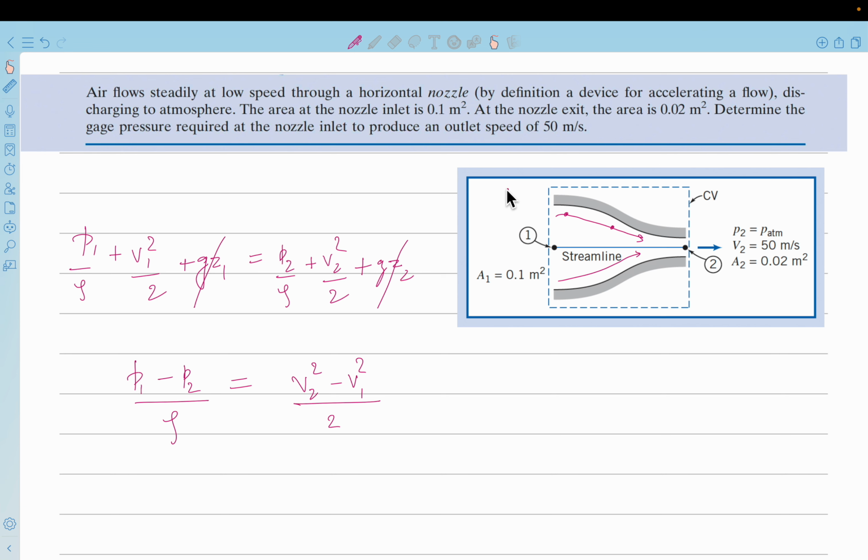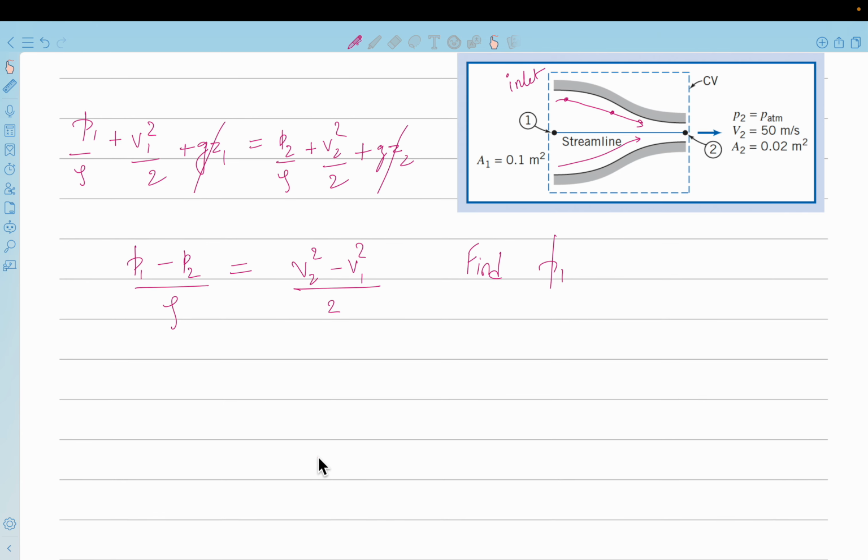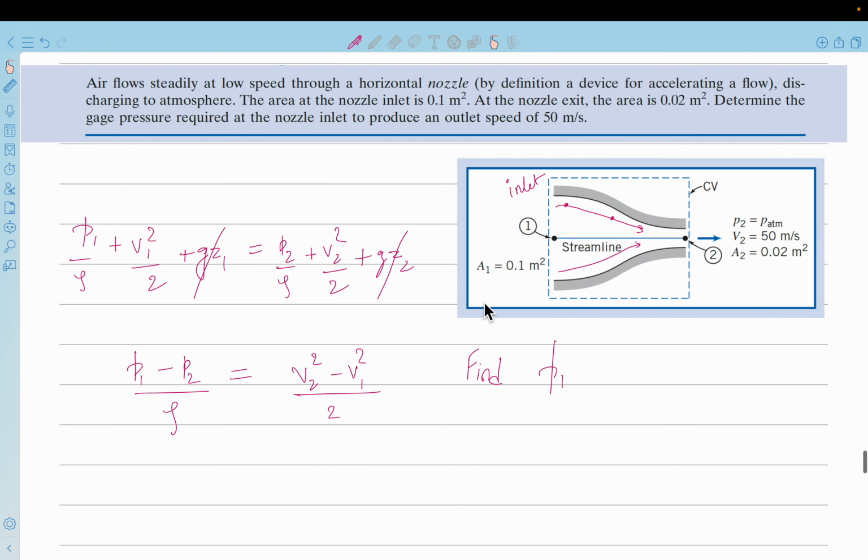So nozzle inlet is here, right? So we have to find P1, and P2 is given to us as P atmosphere. What is V2? V2 is the required speed, 50. And what about V1?